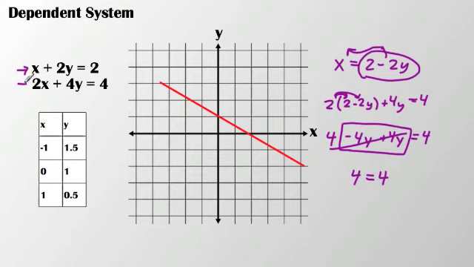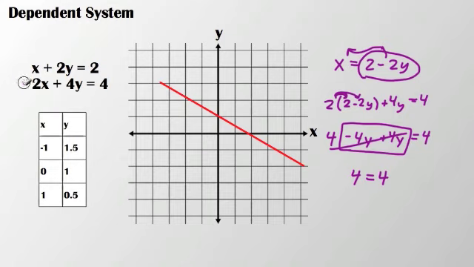However, if we take a look at the second equation, if I plug in negative 1 for x, I again get 1.5 for y. If I plug in 0 for x, I again get 1. And if I plug in a positive 1, I again get 0.5. It's the same exact line. These are dependent systems.